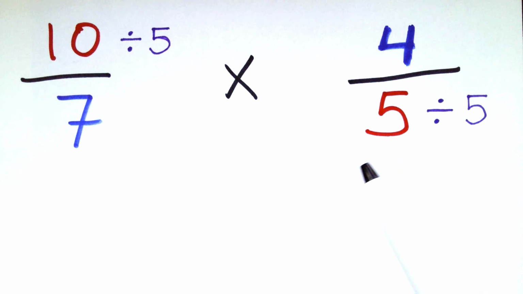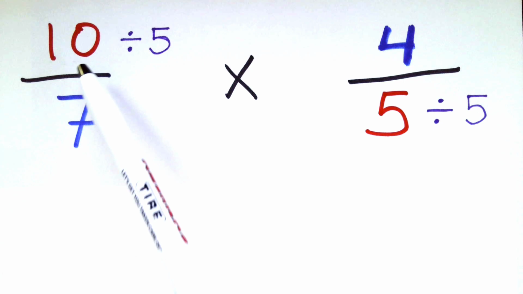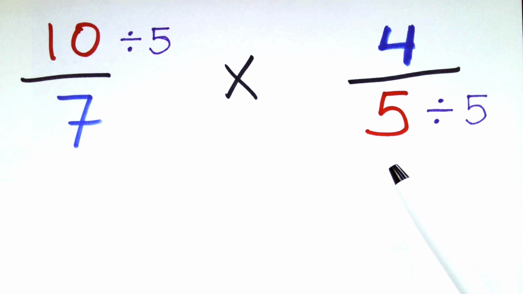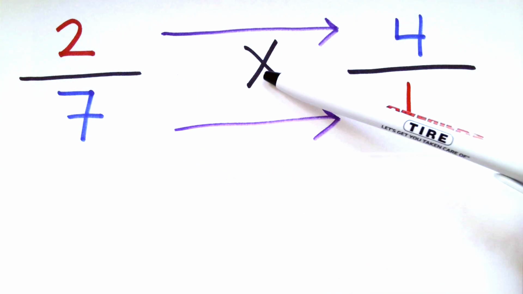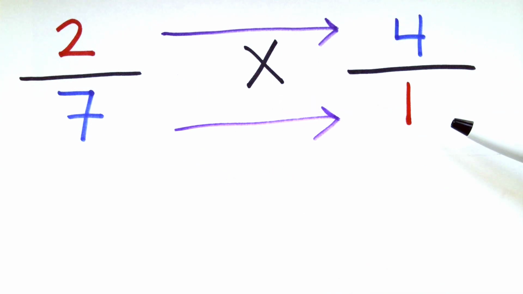I know 5 will divide evenly into both of those values, because 5 times 2 is 10, so 10 divided by 5 equals 2. And 5 times 1 is 5, so 5 divided by 5 is 1. So the fraction reduces down to 2/7 times 4 over 1.